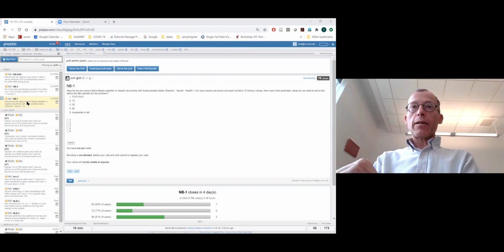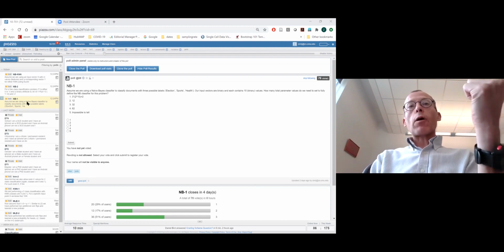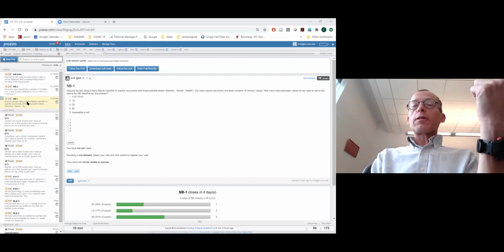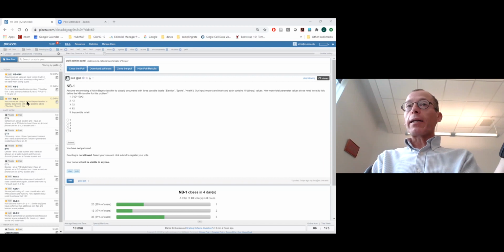So we have in this case 30, but in addition, we need to learn 2 more parameters. Again, the third is given because the probabilities of the different classes have to sum to 1. So we have a probability for elections, for sports, and for health. It's really only 2 values that we need to learn. If we know the probability of election and sports, health is 1 minus the sum of these 2 probabilities.